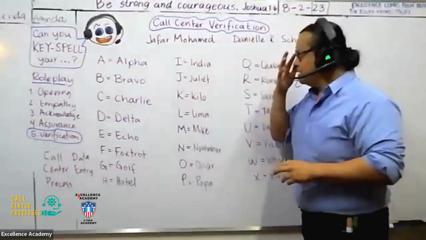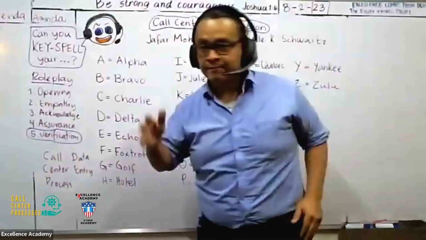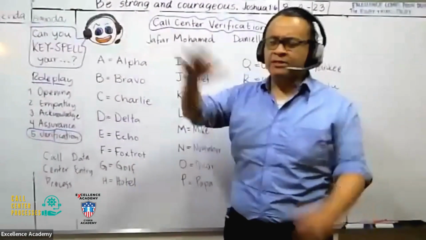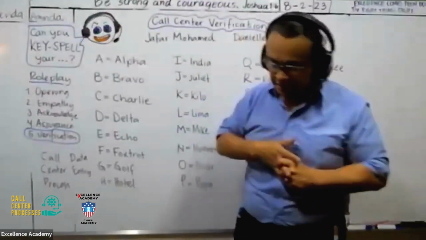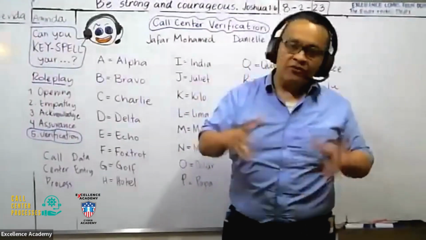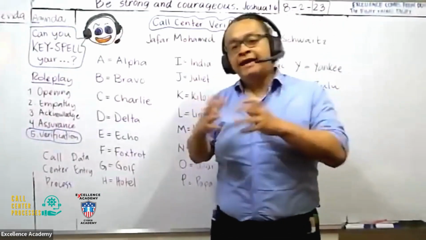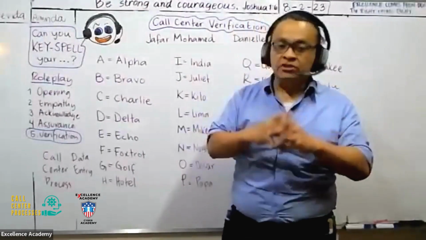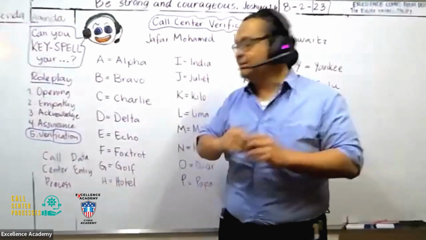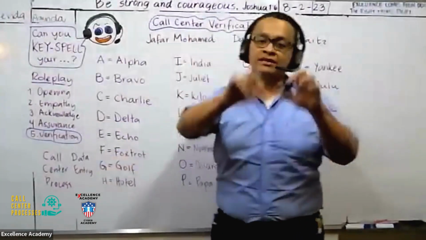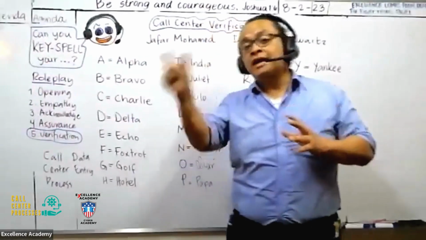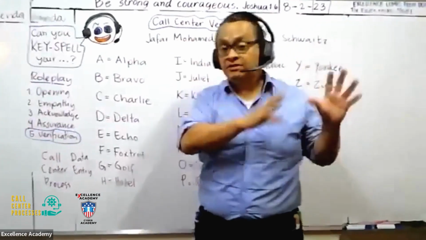Okay, call center verification. Let me tell you a story. A couple of years back, I was helping this account, T-Mobile activations. They have to activate SIM cards for customers. Customers call in, and these guys need to register. One of the key processes they needed to do was data entry. That means they needed to capture the customer's information so they can register and assign a telephone line to a specific customer.